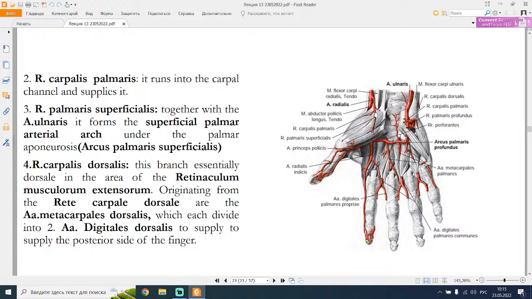Together with arteria ulnaris, it forms a superficial palmar arterial arch under the palmar aponeurosis. Next, ramus carpalis dorsalis.